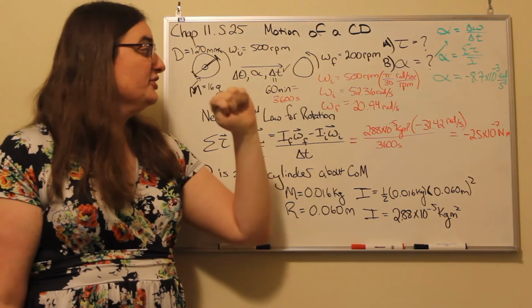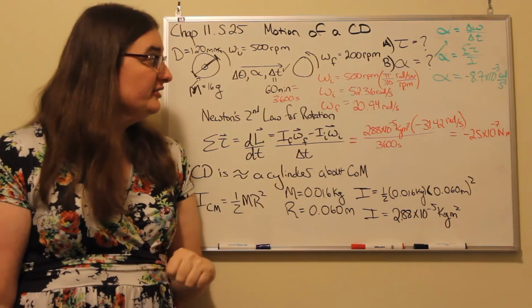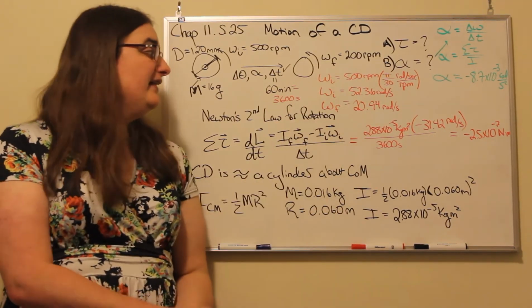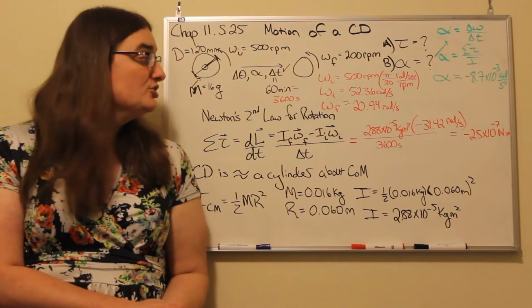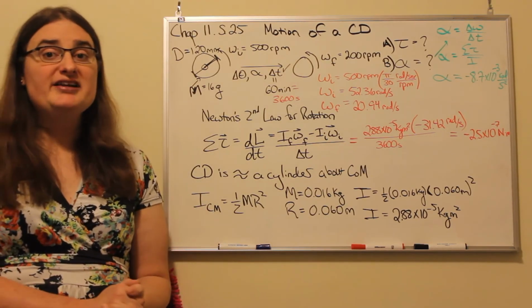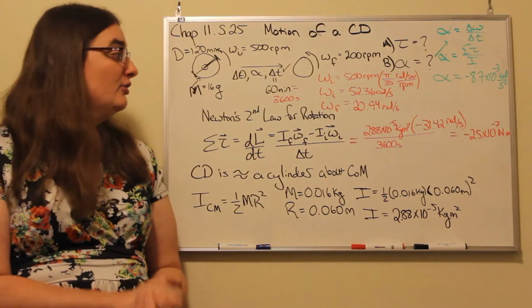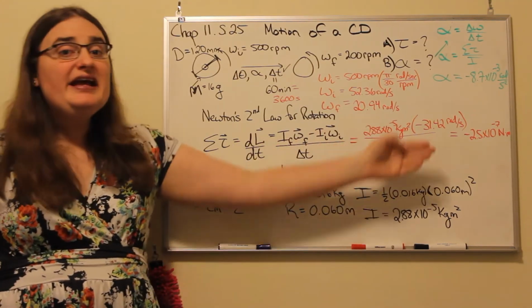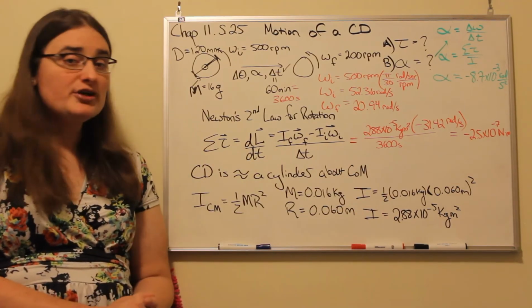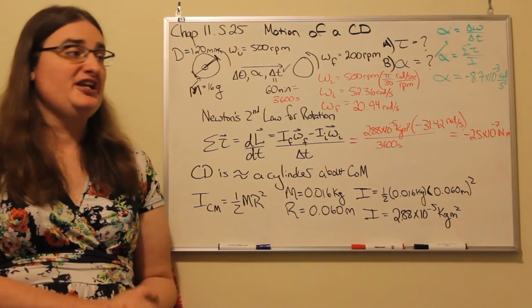So 500 RPM times pi over 30 tells me that the initial velocity was 52.36 radians per second, and the final velocity was 20.94 radians per second. So we have a negative change in velocity of 31.42 radians per second.